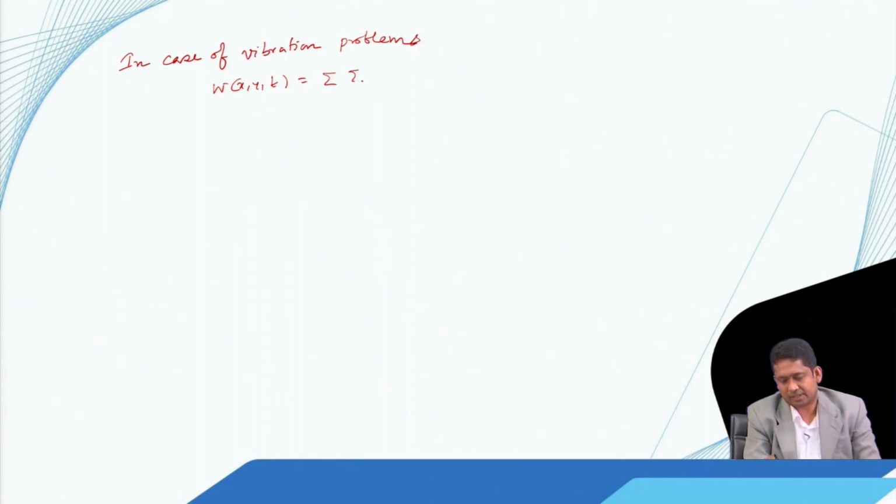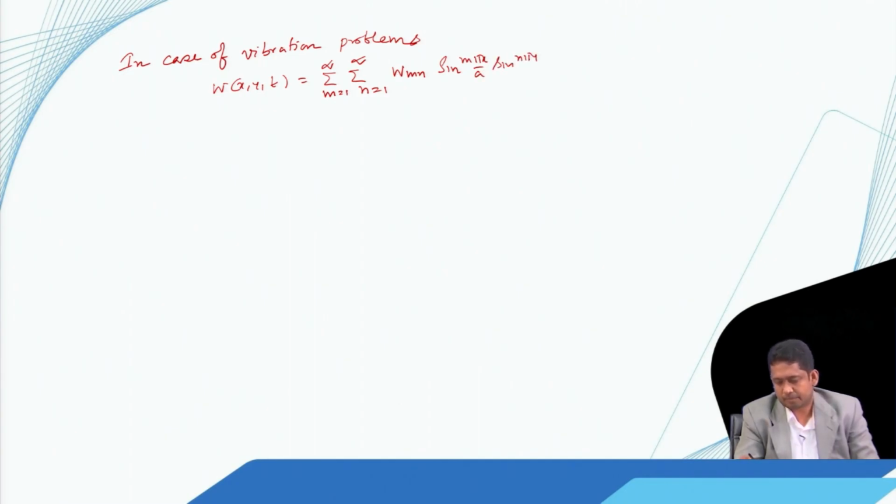It looks like this: the sum over n equal to 1 to infinity, m equal to 1 to infinity, of W m n sine m pi x by a sine n pi y by b, and then it is a function of time.